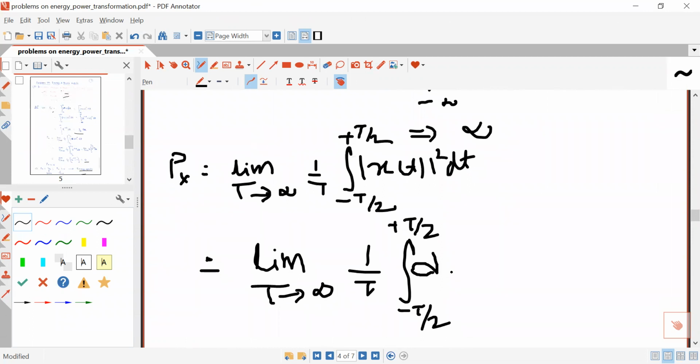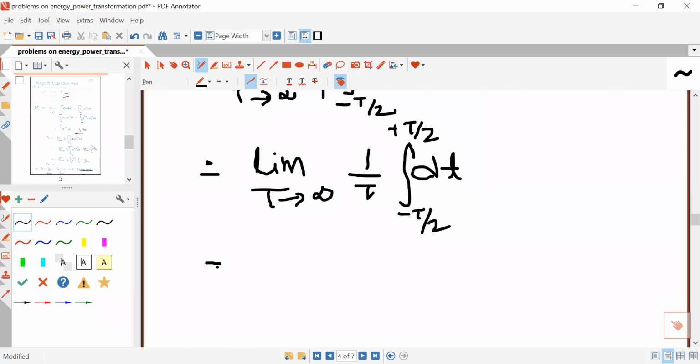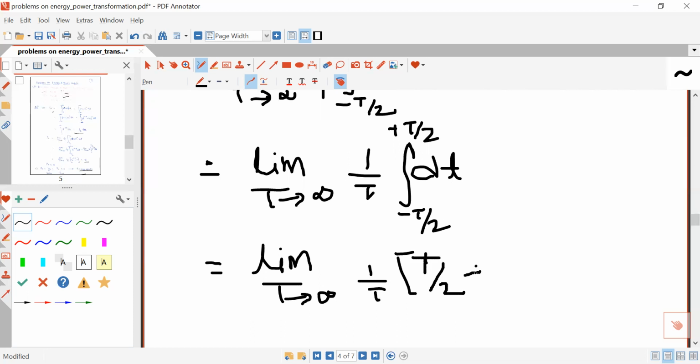So you will get this. The limit T tends to infinity, this is 1 by T, and the integration of dt will be T when you put the upper and lower limits. So this will be T by 2 plus T by 2. And when you solve, finally you will get 1.